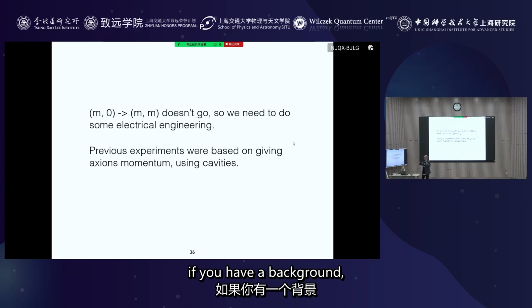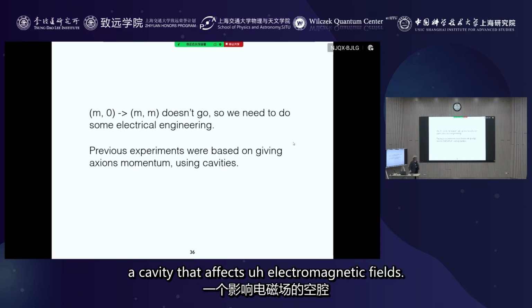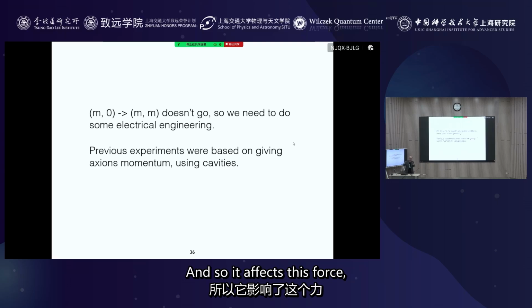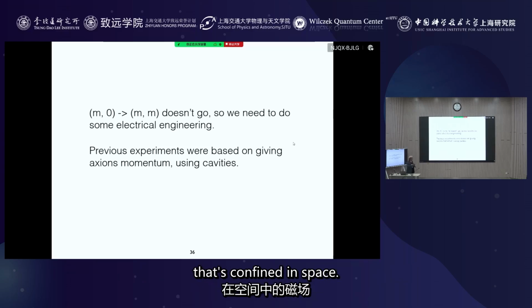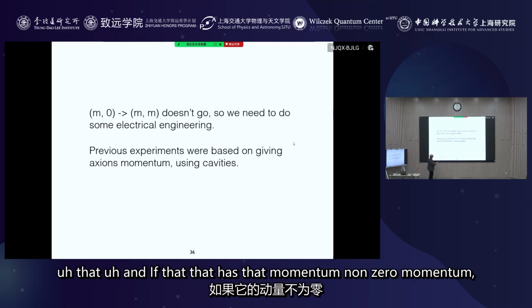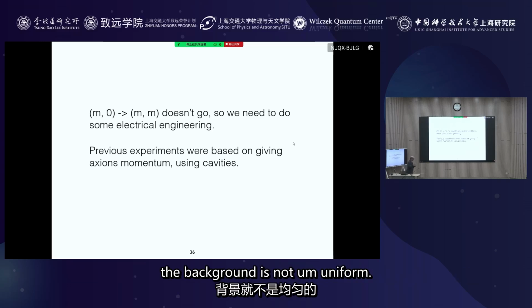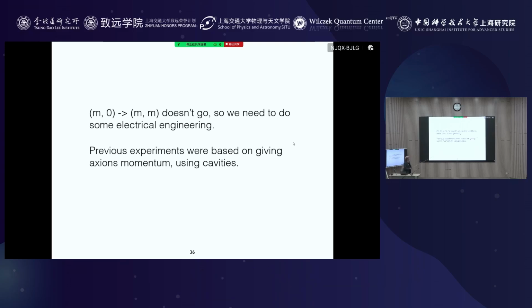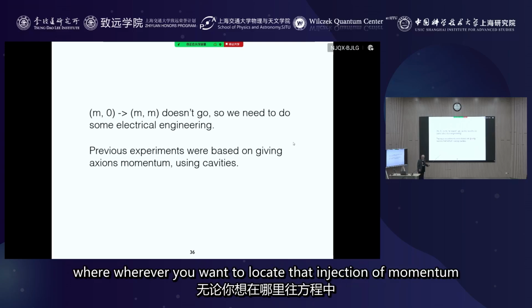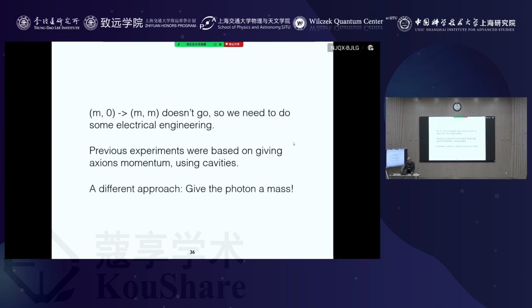If you have a background, a cavity, that affects electromagnetic fields, or a magnetic field that's confined in space, the background is not uniform, and so it can convey non-zero momentum to the axions or the photons, wherever you want to locate that injection of momentum into the equations.